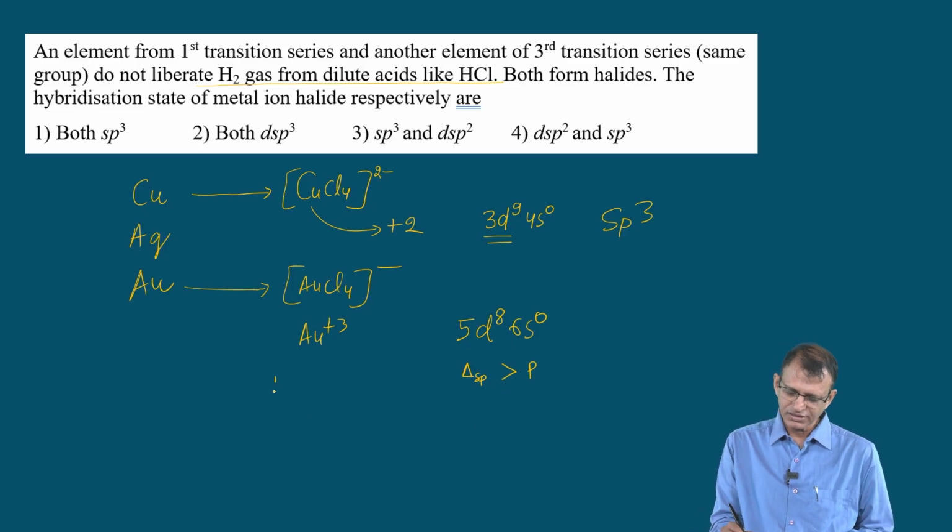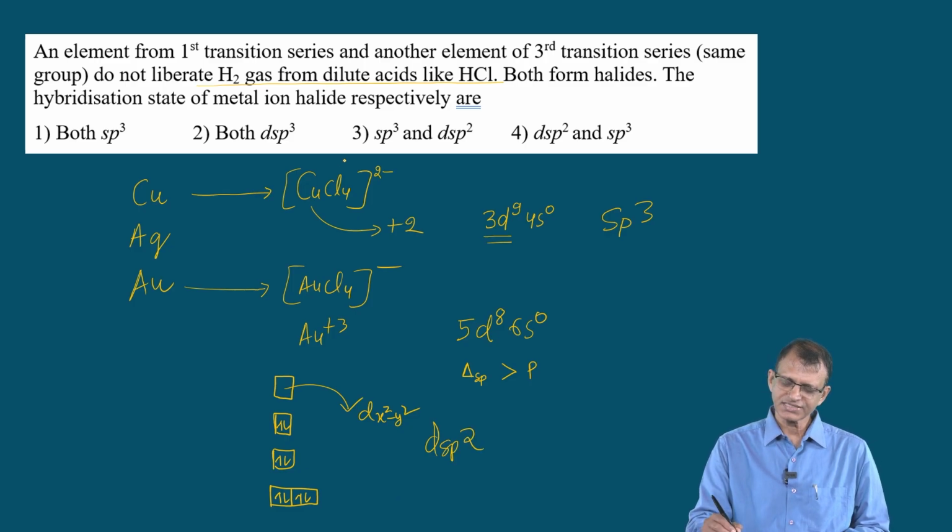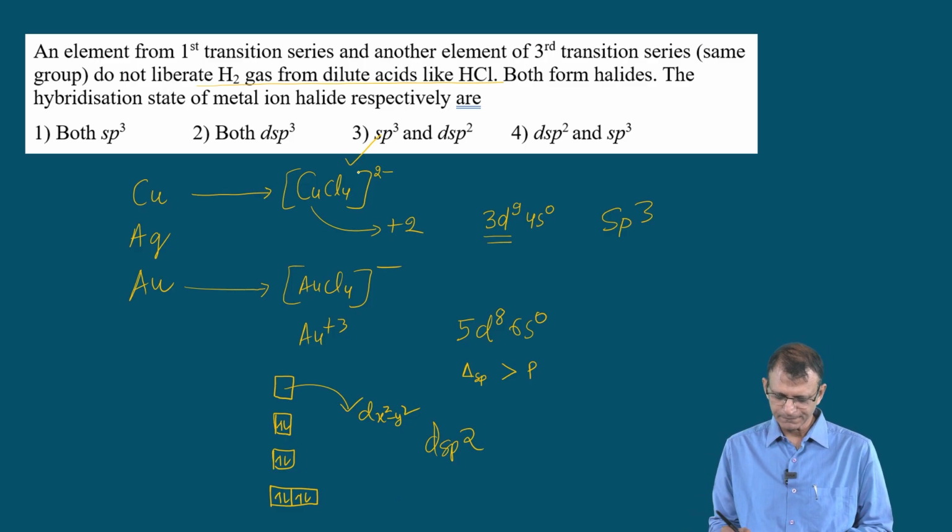In case of the square planar complex, the orbitals will be distributed in this form. If we try to fill 8 electrons into it, there are no unpaired electrons here, and one d orbital is vacant. This d orbital is the dx square minus y square orbital, so the hybridization will be dsp2. So from here we can say that the third option is correct.